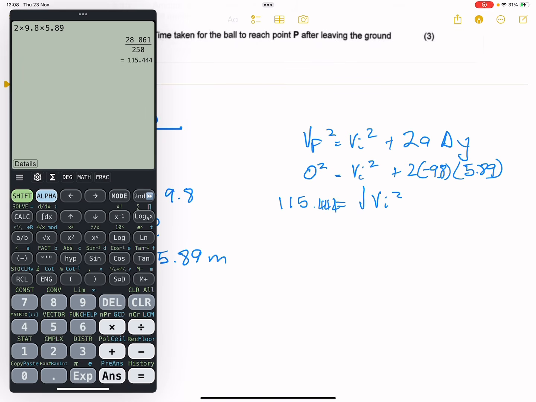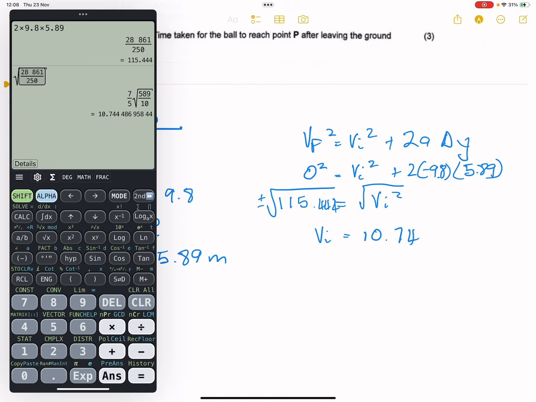And of course, we're going to take the square root on both sides. And remember, when we take the square root, that becomes plus or minus, but we need to choose which one we go with. So our initial velocity is 10.74.